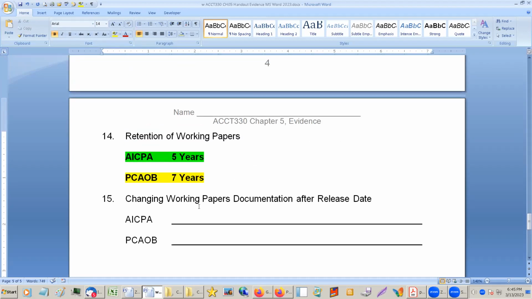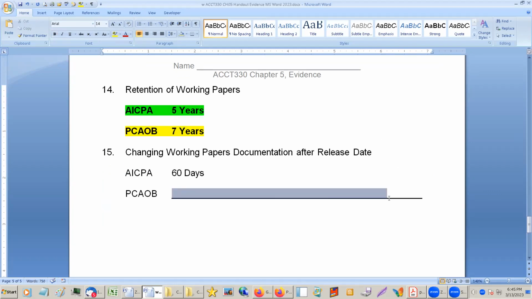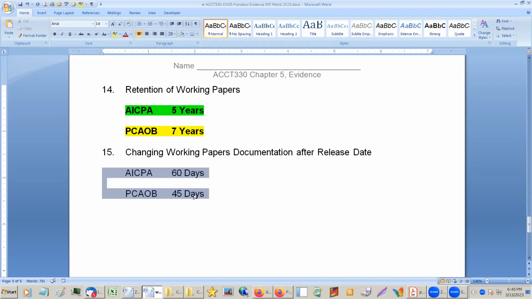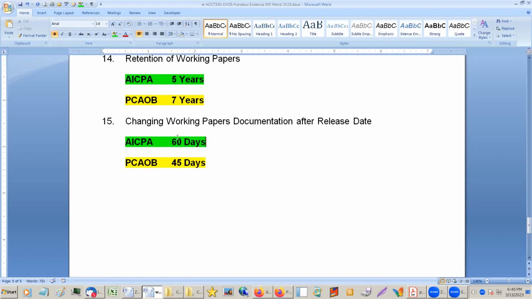Changing the work papers documentation after release. I'm gonna talk a little bit about this one. AICPA, 60 days. PCAOB, 45 days. Changing the work papers.